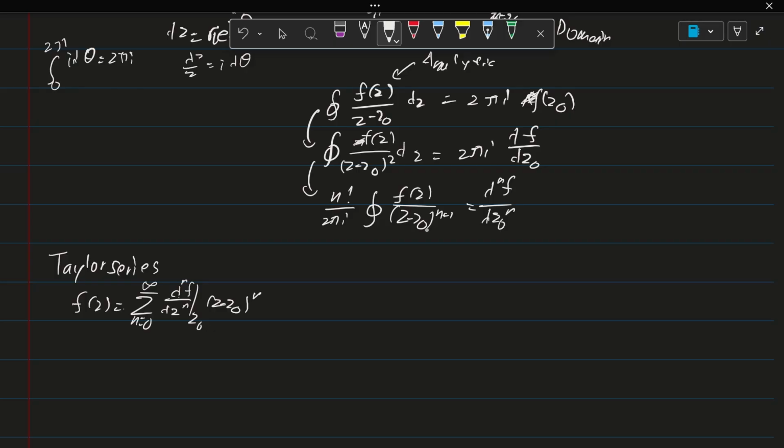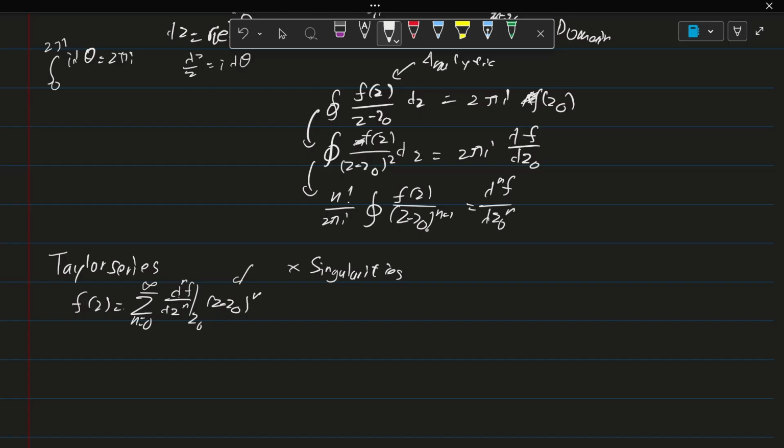Something interesting about the Taylor series is that there is always a radius of convergence, which we have here. So the Taylor series only works within the radius of convergence. But another very cool property is that the Taylor series doesn't have any singularities.